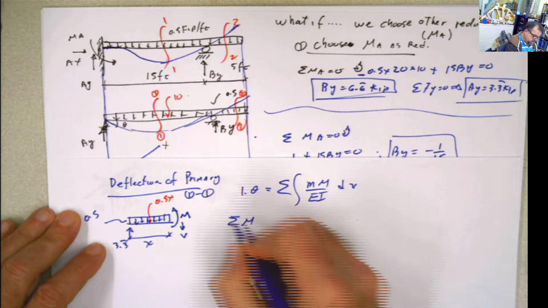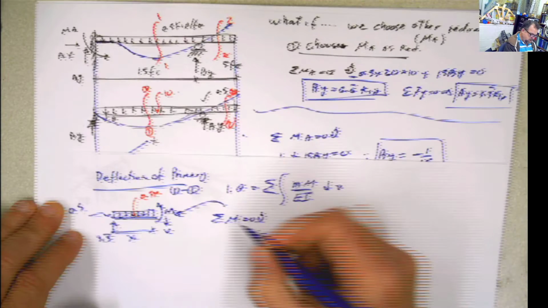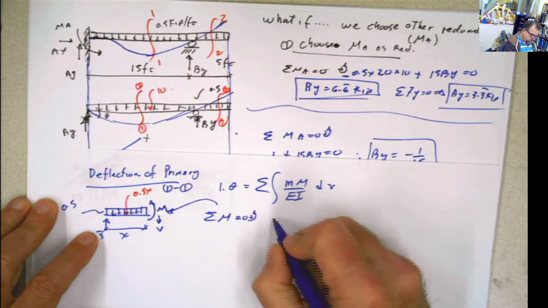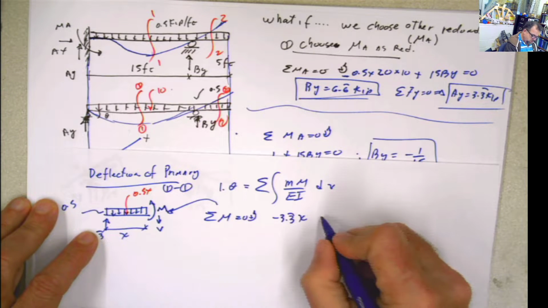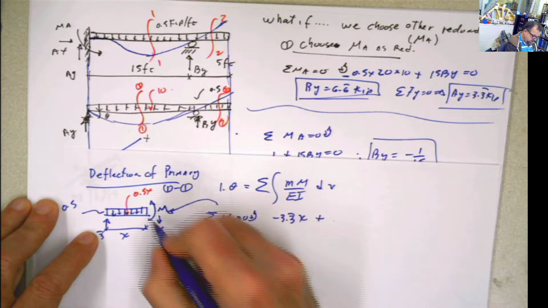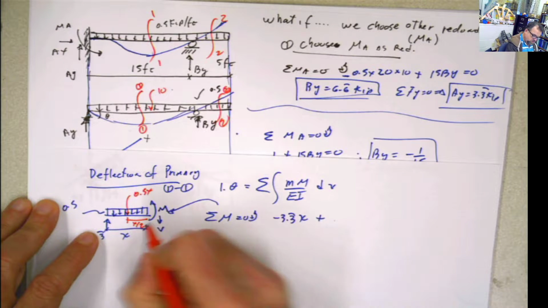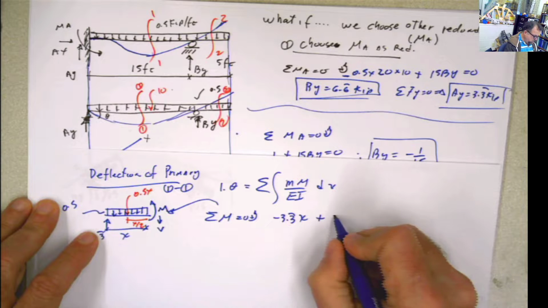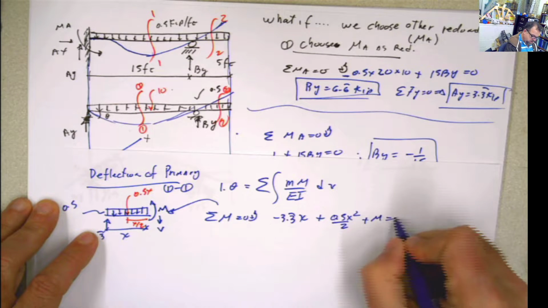Summation of moments right there equals 0. And then you're going to have negative 3.3 times x plus 0.5x times x divided by 2, because remember this distance here is x divided by 2. So it's going to be plus 0.5x squared divided by 2 plus M equals 0.